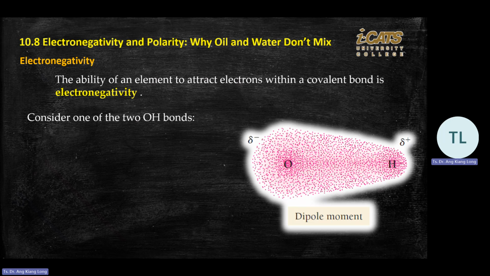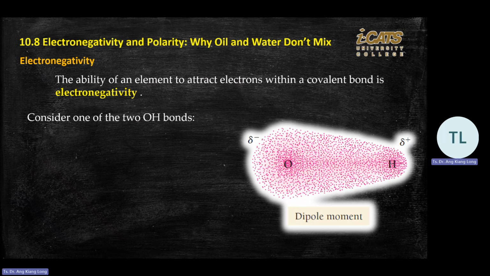For this session, I just want to show the presentation of the positive terminal and negative terminal. H will become the positive terminal. O will become the negative terminal. This is how you write it in the chemical way. If that element has more tendency to become negative, you write delta negative.